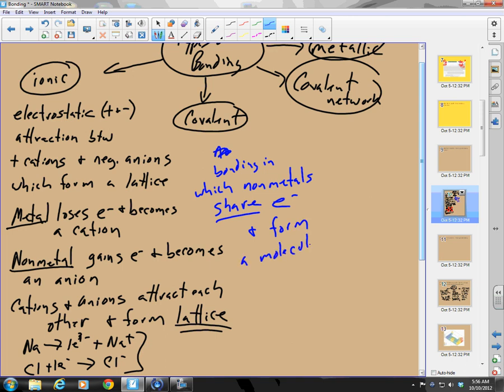Not a lattice, just one little piece. The example that we will use is water. Consider I have a big oxygen here, and then I have a couple hydrogens. Now they actually share electrons, meaning their electron clouds will overlap. So we'll let these represent my electron clouds, and this area where it's overlapping would be the actual bond.